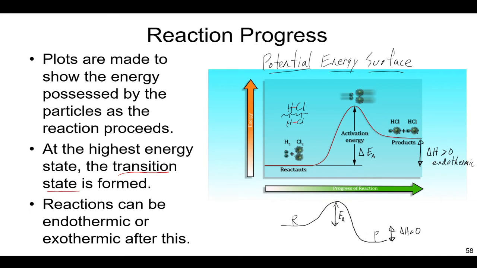Products minus reactants will give a negative number, right? Because this here is energy on this axis. Product energy is lower than reactants. We call this exothermic. Okay, and that excess energy a lot of times is released as heat. That's where the thermic comes in, exo releasing that heat.